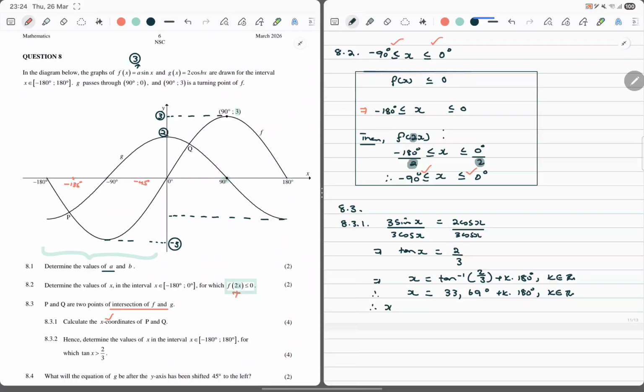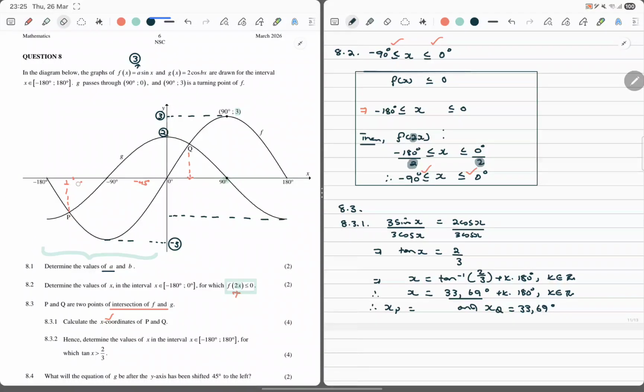You can say therefore x at P is equal to, and x at Q is going to be equal to. Now obviously we know that this is the first quadrant, so that should be exactly this angle. So x at Q is going to be 33.69 degrees, when k is 0, and we know that P now is a point there.